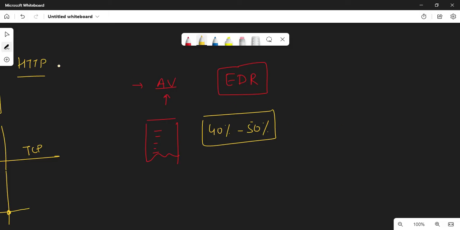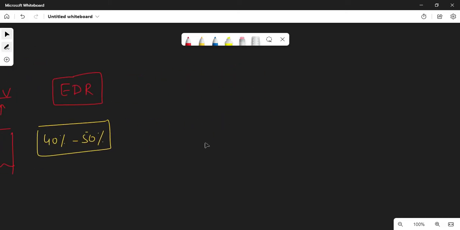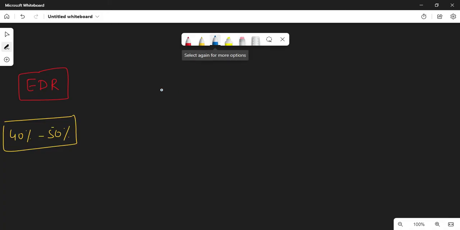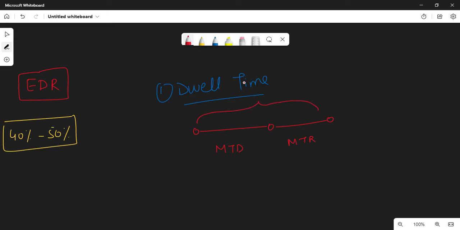There is one concept called dwell time. Dwell time tells you the average time an attacker was inside your network. As per the studies, mean time to detect any particular threat plus mean time to respond to that threat refers to dwell time.